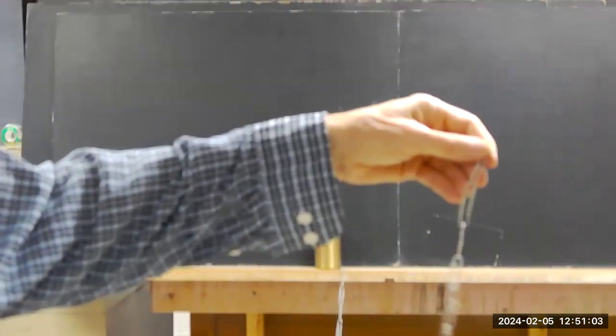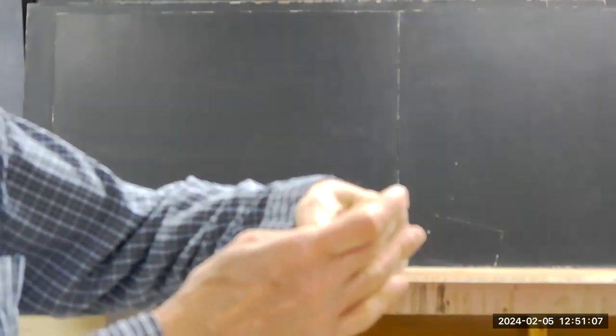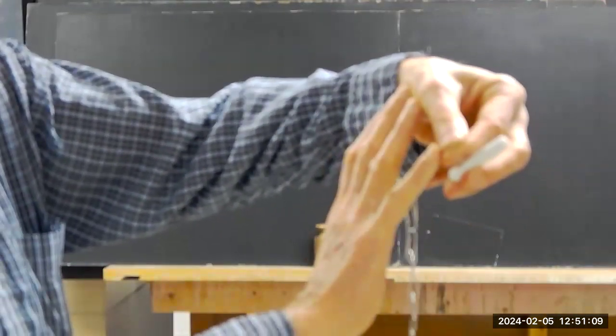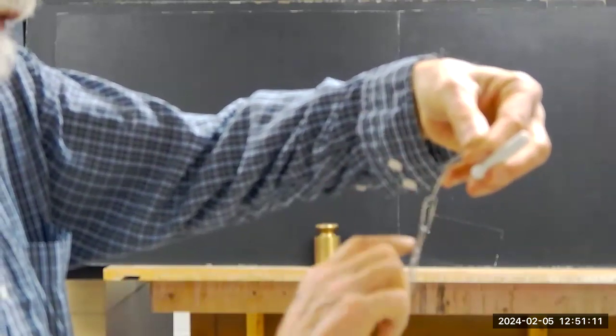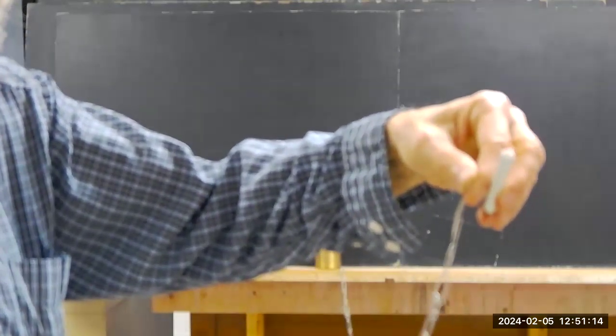Each paper clip is about 4 or 5 centimeters long. So the paper clips are each about 4.5 centimeters long.